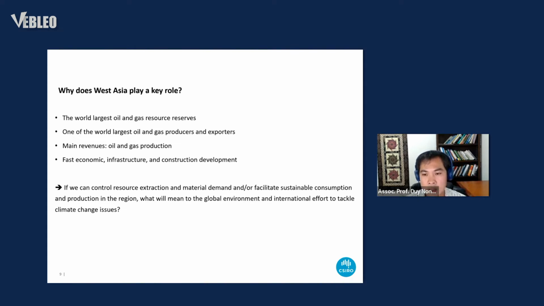This is the important question that the United Nations wants to know, and we were also asked to conduct this study and provide input for the International Resource Panel in the forthcoming Global Resources Outlook in 2022. Previously, no study had been conducted on the impact of policy on material flow and material demand in individual countries in West Asia.